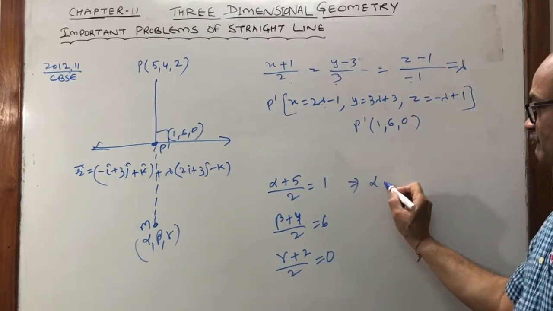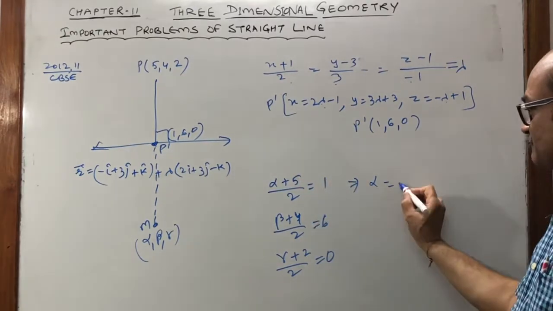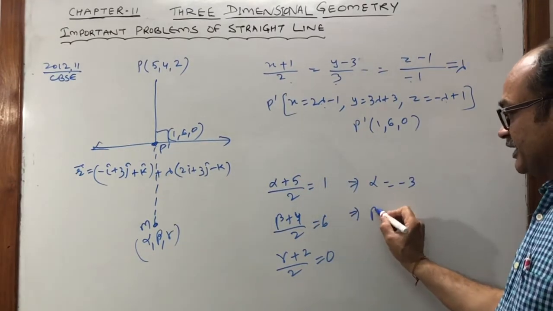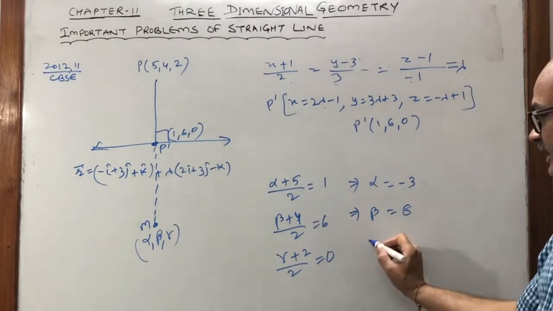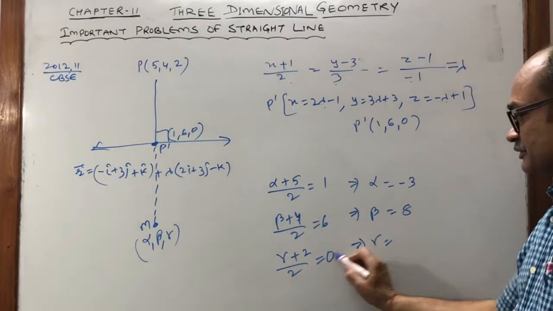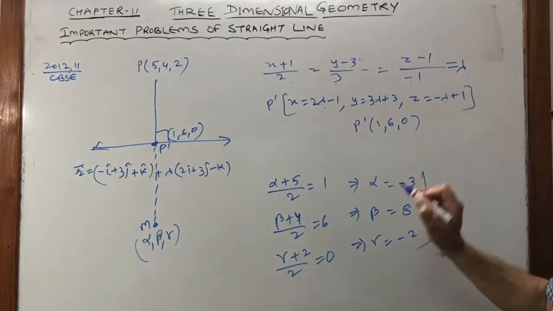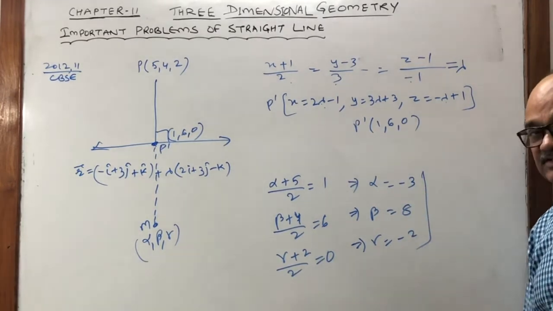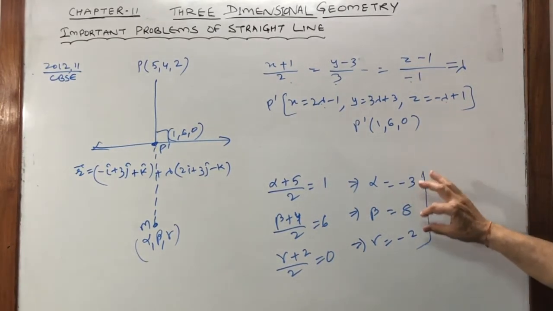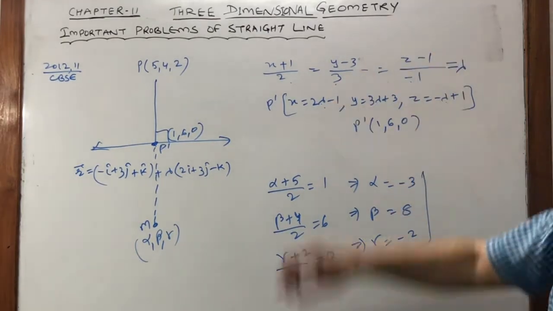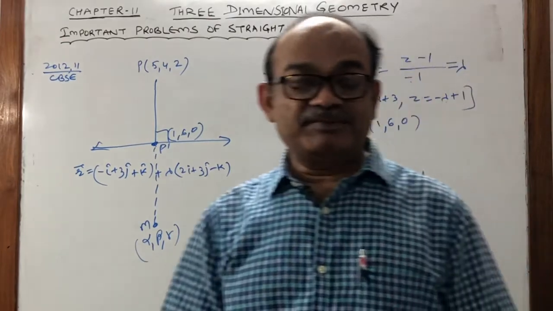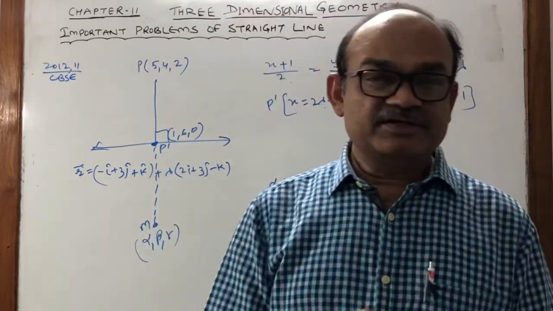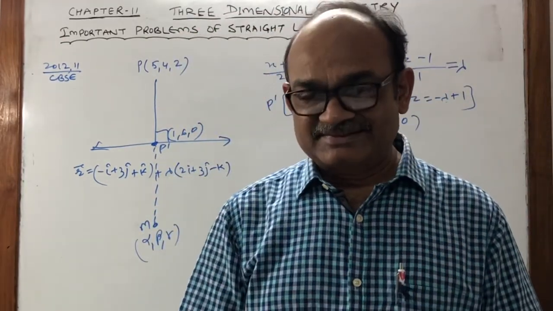So here alpha equals to 2 minus 5, beta equals to 12 minus 8, and gamma equals to 0 minus 2. Answer of the image point is minus 3, 8, minus 2, and foot of the perpendicular 1, 6, 0. So in this way we have completed some good questions of straight line from previous year's board papers.